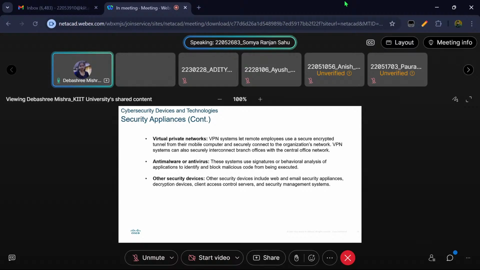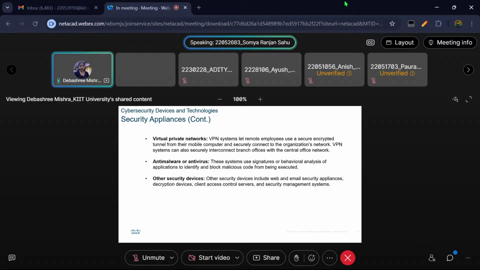The channel will be secure, so that a third person or the attacker cannot enter into this particular channel. This is a more secure channel, or we can say a dedicated channel between any communication that is happening.